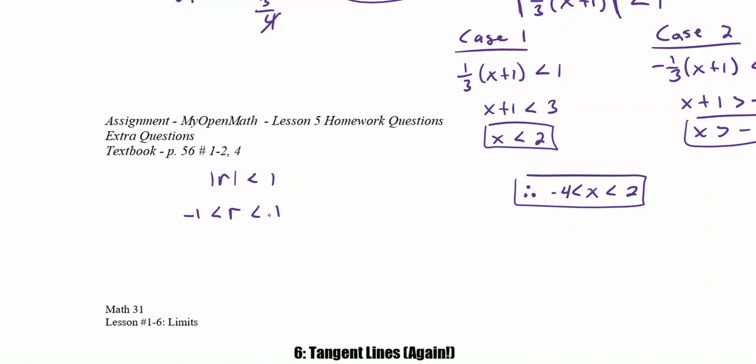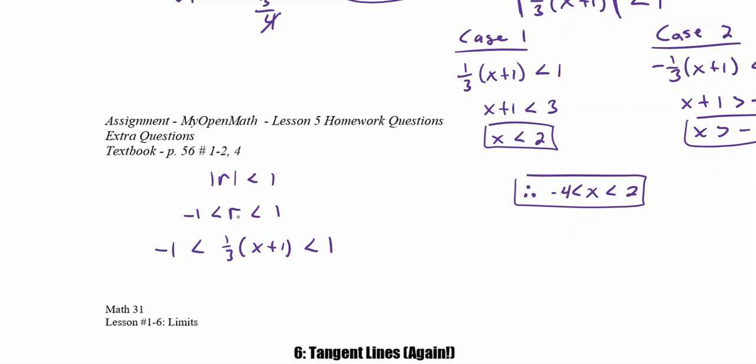We could have done it in this form too. We could have said -1, and then replaced r with our value, right? So in our equation there, it was 1/3 x plus 1, written out like this. And if it's written like this, we don't have to worry about the absolute values, like taking the negative and the positive version of it. But we do just have to simultaneously do algebra to both sides, right?